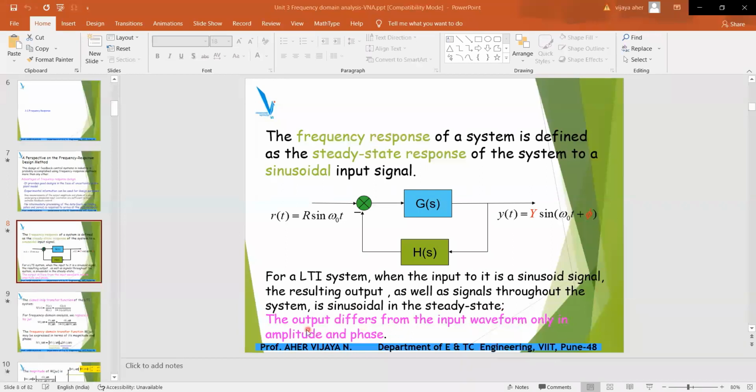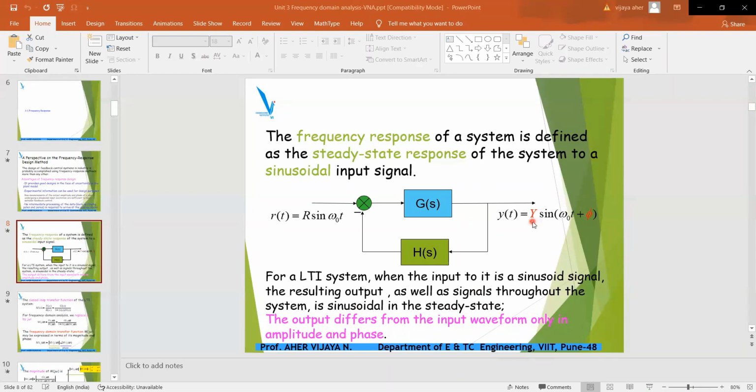And the output differs from the input waveform only in amplitude and phase, but the nature of the output waveform is sinusoidal.